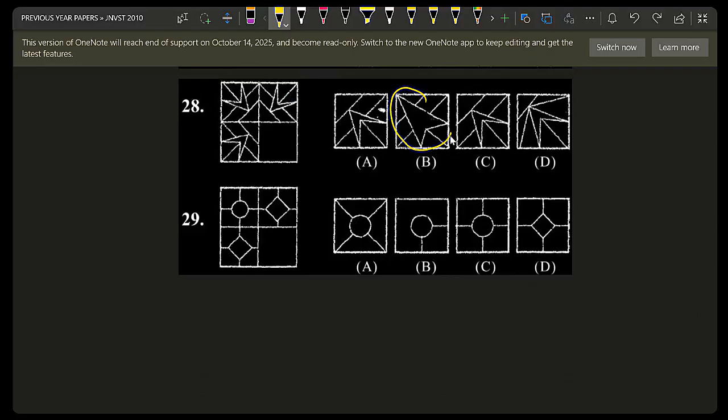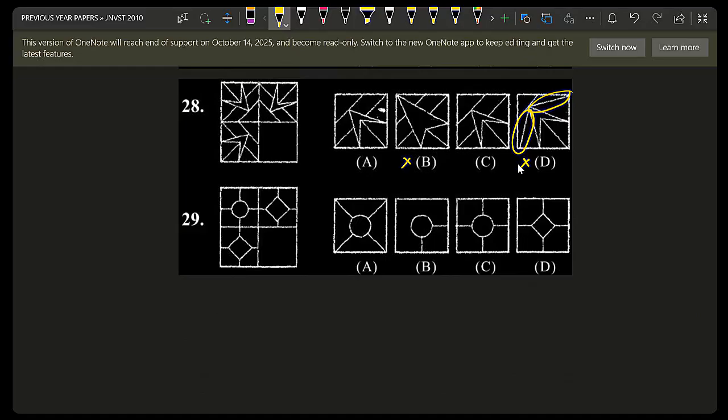Everything is pointing towards the same side, but this arrow mark is not matching the size, because of that B is eliminated. A may be correct, but C and D, these lines are making D wrong. D will be eliminated because of those lines.